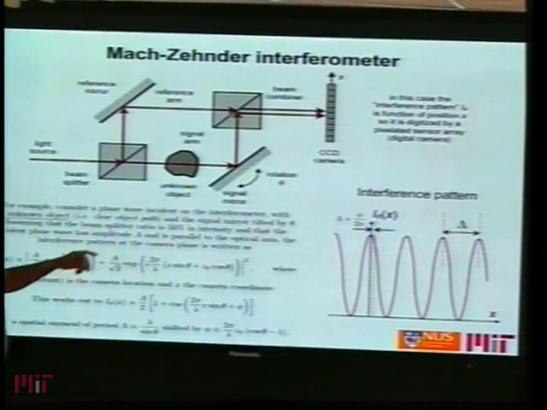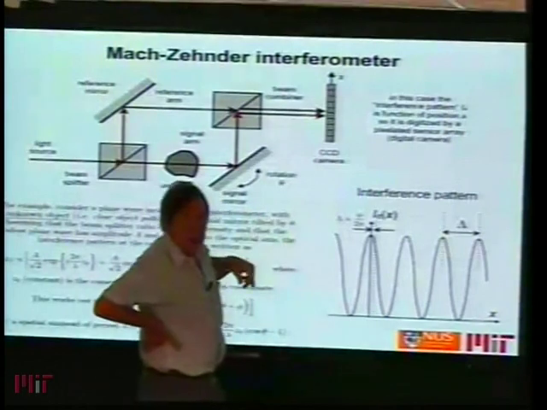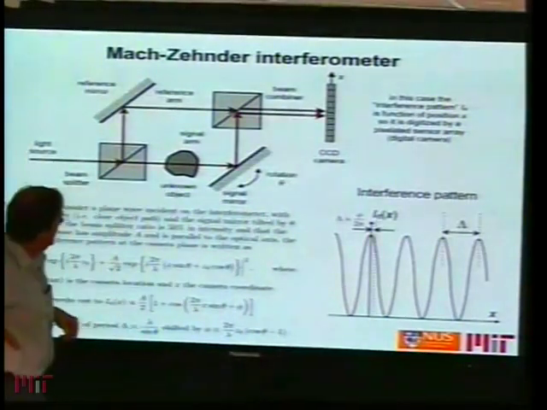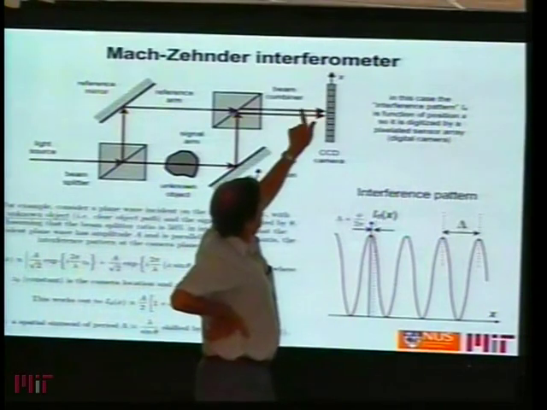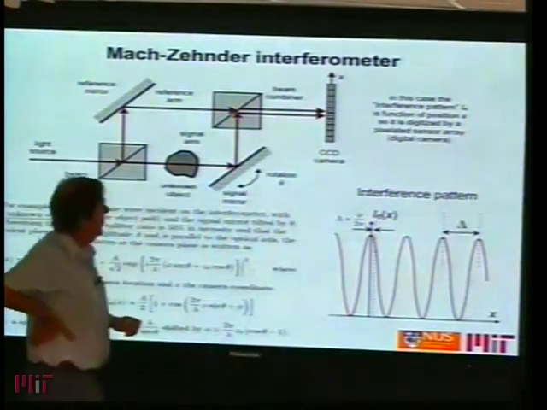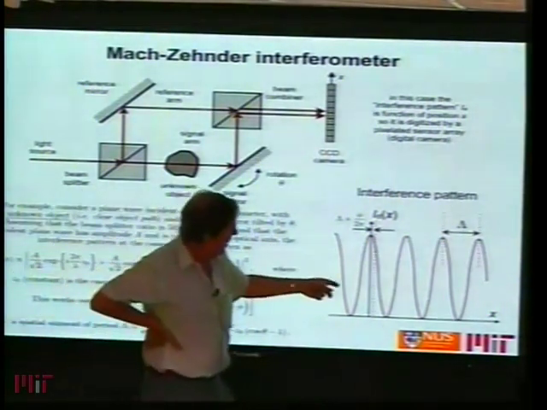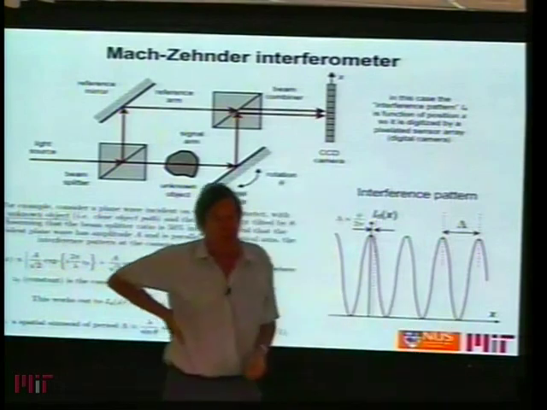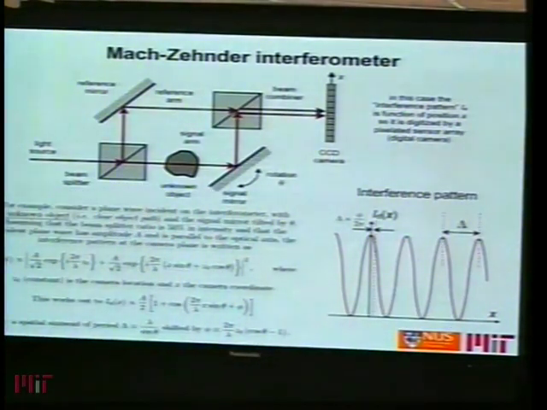And then, as you can see, these two beams arrive on a CCD camera, shown here. So in this case you would get some variation in intensity on this detector, which you could measure with the detector. It would look something like this. This would now be a function of x, rather than just a function of the optical path difference.